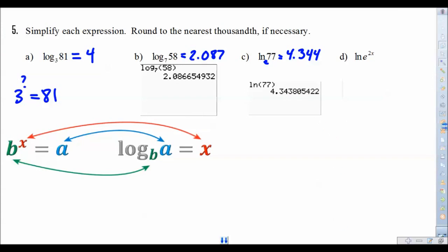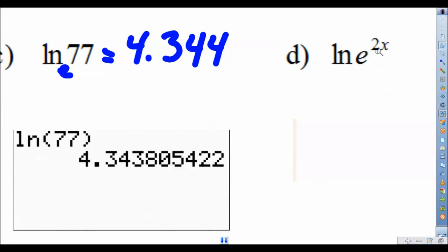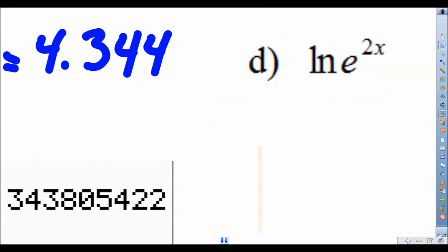Alright, the next one, the natural log of e raised to 2x. Wait a second, what makes this one different? Every single one of the previous problems, there was no variables. Now there's a variable, so what gives? Well, we got to remember here on these problems that underneath it all, we have an invisible e right there, right?